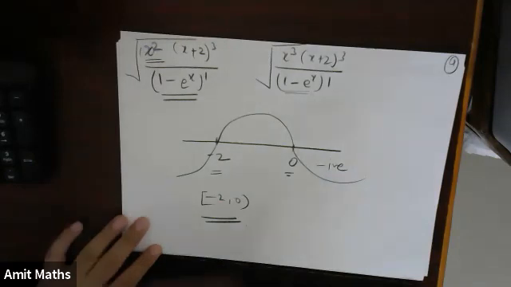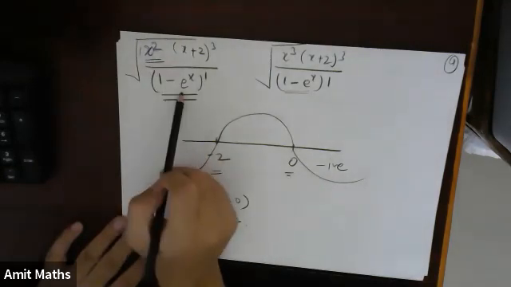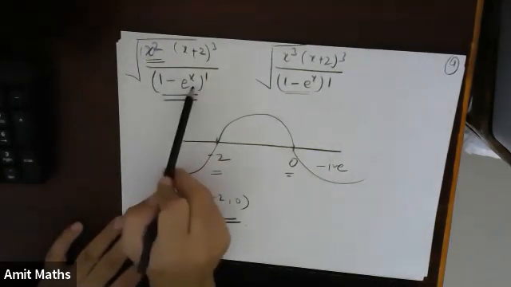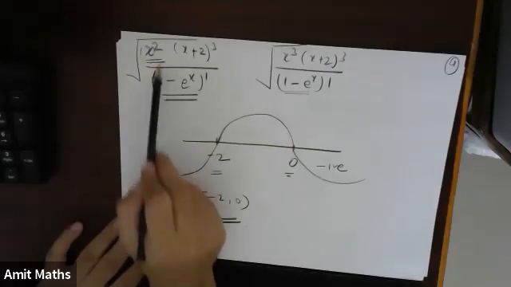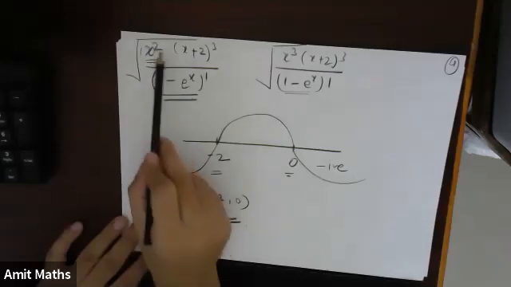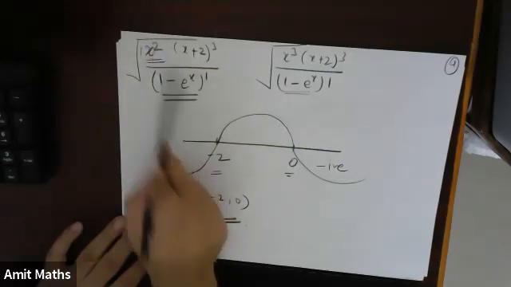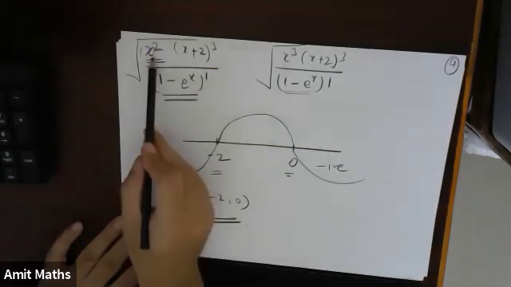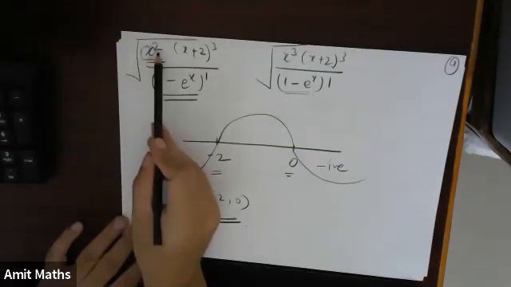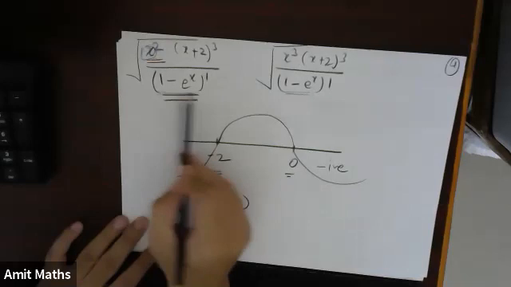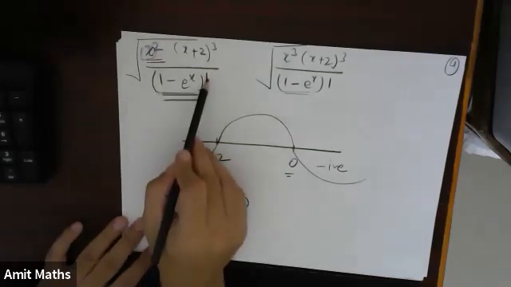In the case when the critical point is the same, I will add up the powers. So in this case, the overall power of this factor is 2, and the overall power of this factor is 1. 2 plus 1 will become 3.